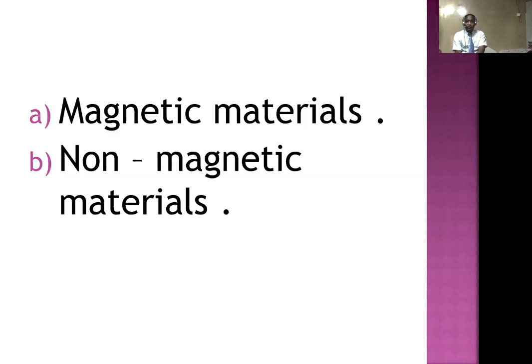Examples of non-magnetic materials are copper, silver, plastic, brass, rubber, hair, diamond, zinc, and aluminium.